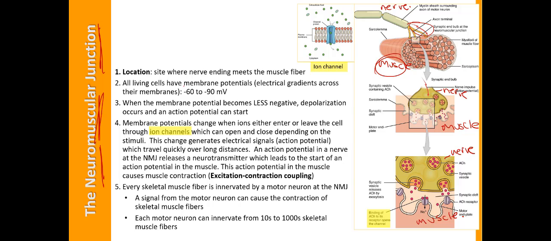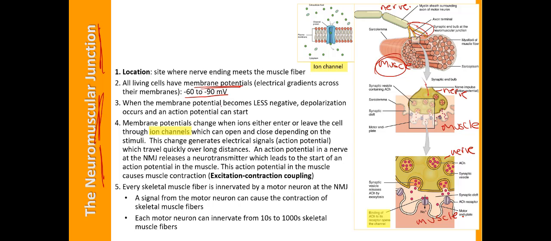So again, just to talk about the concept of a membrane potential. A membrane potential is when there is a difference across the membrane. So one side of the membrane is more negative, less positive than another. Most all living cells have a membrane potential of somewhere between minus 60 to minus 90 millivolts.